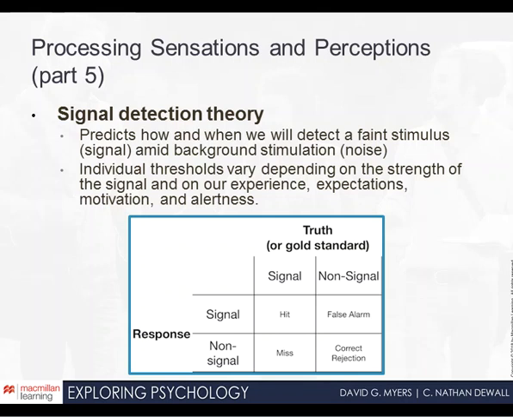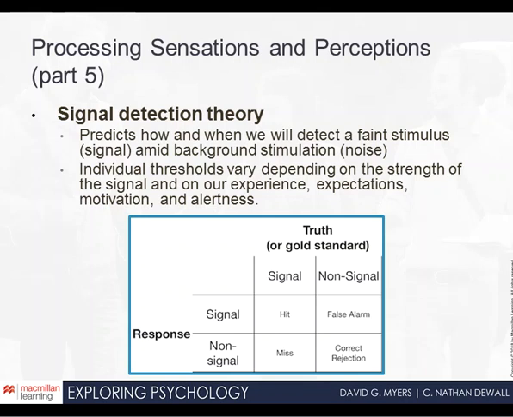So the truth: if there is a signal and you heard the signal, you respond as if you heard the signal, that represents a hit. If there was no signal, no doorbell, but you responded as if there was a signal and you went to the door, that would be a false alarm.